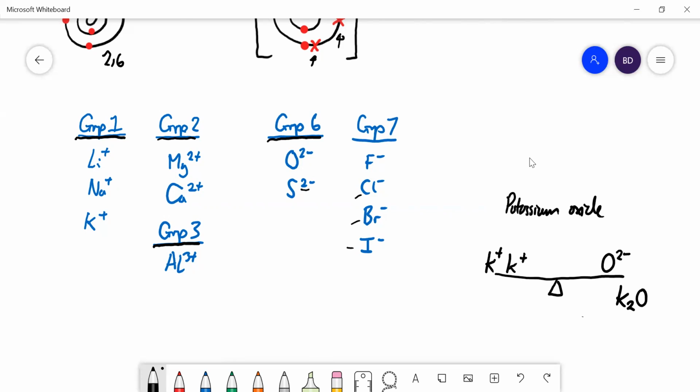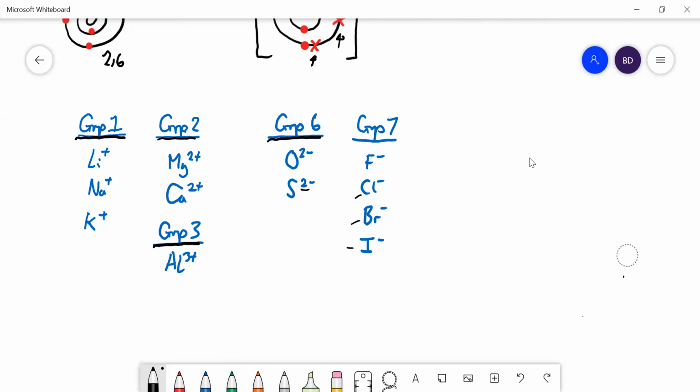Okay, let's do probably the most complicated example. Let's do aluminium oxide now. So there's our seesaw. We've got Al3+, that's aluminium, and we've got O2- on that side.